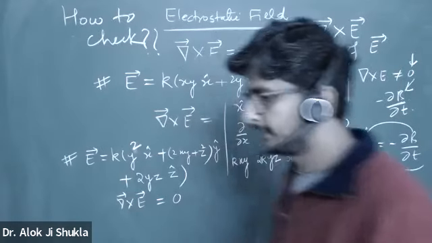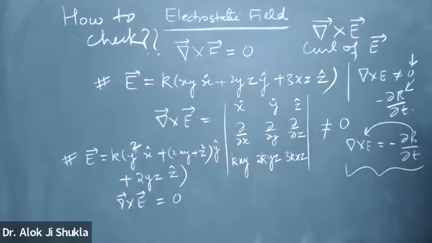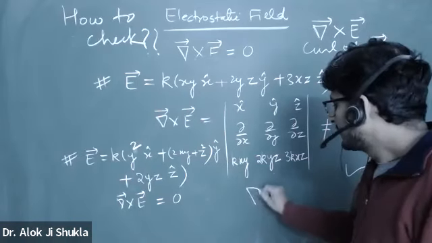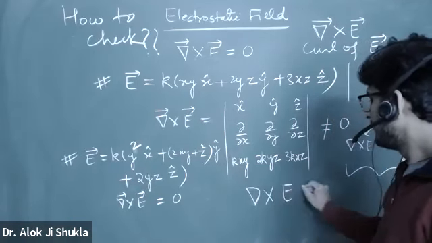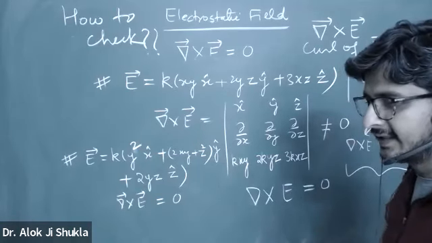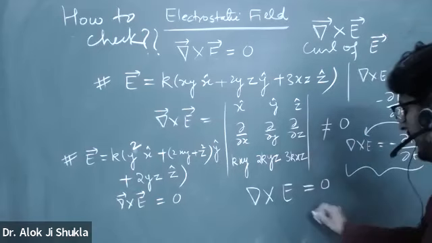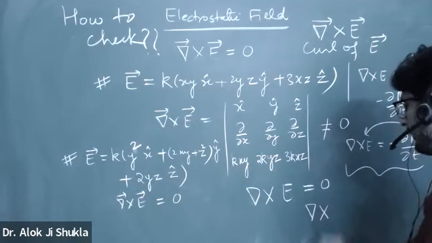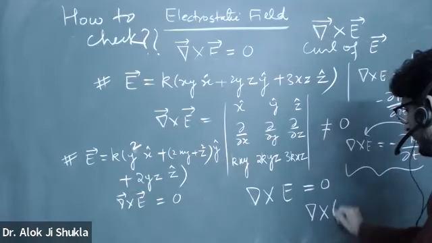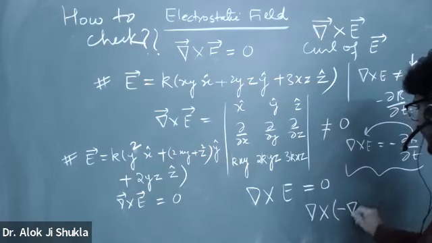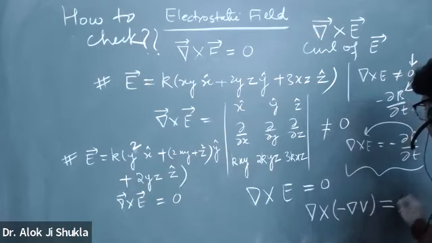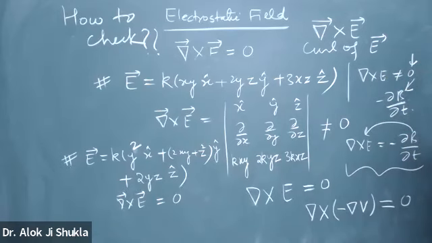सर, second आ रहा है. तो मतलब second वाली field electrostatic है, first वाली field electrostatic नहीं है। ओके, अब यहीं से, because curl of a quantity is 0, ध्यान से देखना, curl of a quantity is 0, so I can write curl of some minus gradient of V is equal to 0, because curl of gradient is always 0.